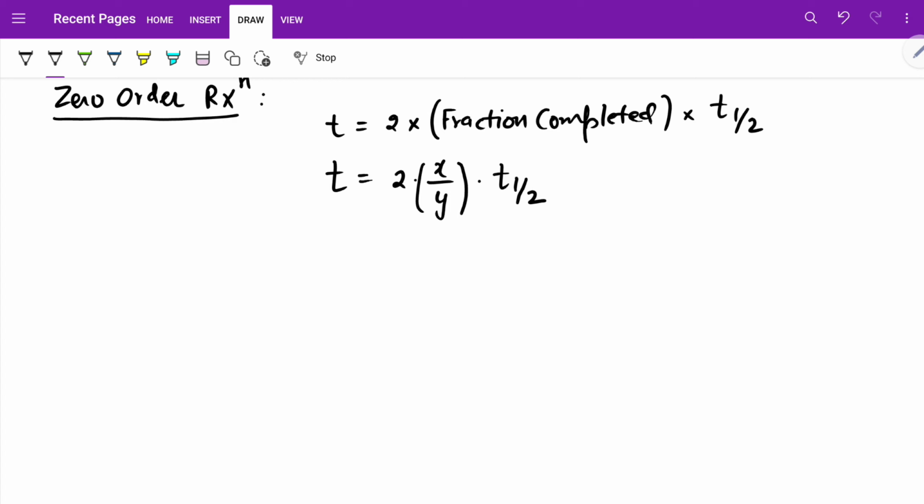पहला एग्जांपल, सपोज हमें T half गिवन है एंड वी हैव टू फाइंड time for 75% completion. So we all know zero order follows unitary kinetics, unitary method.